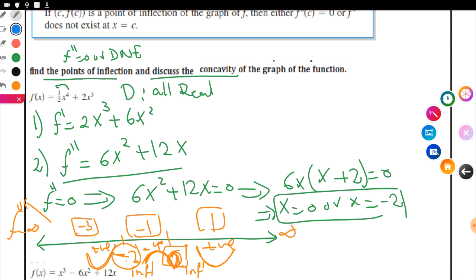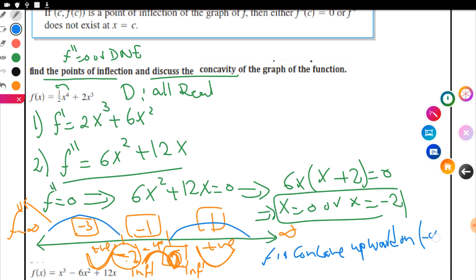The function f is concave upward on which interval? I have two intervals: negative infinity to negative 2, and 0 to infinity.